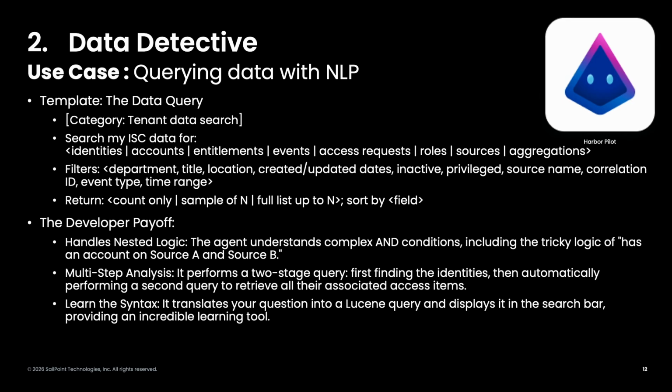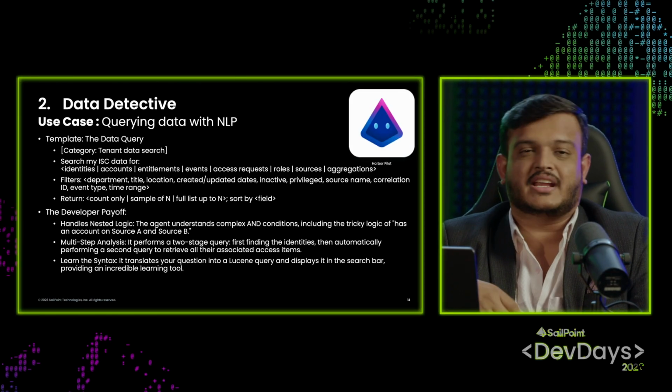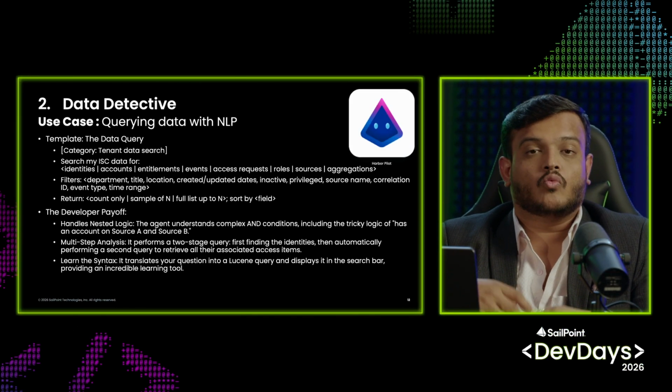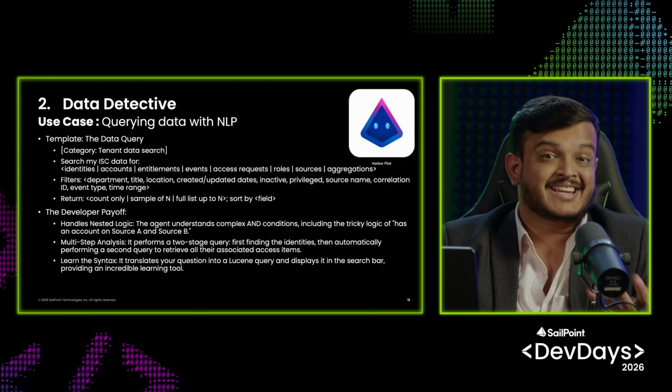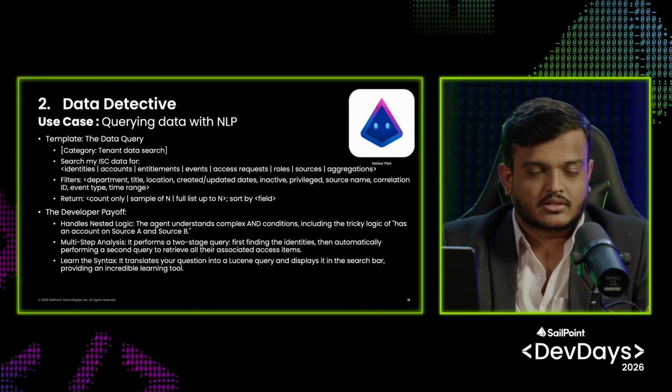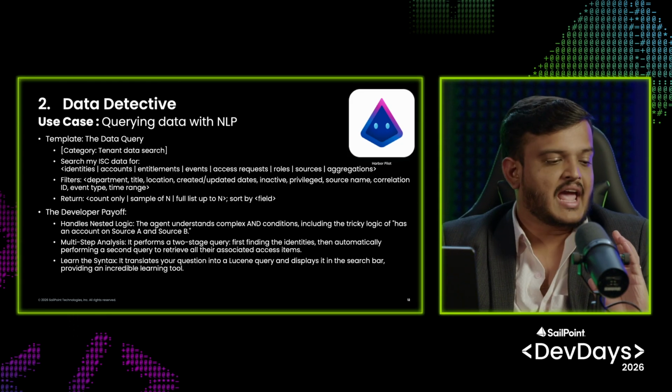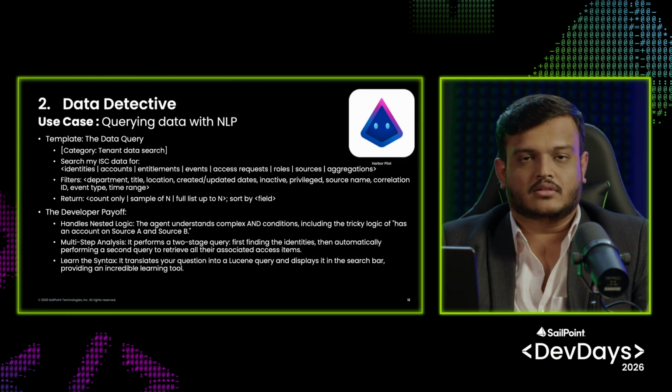Maybe I want them clubbed in accordance with some accounts data, or identity attributes into accounts data, or your identities into your access profiles data, maybe source data, whatever you need. Based on those searchable fields which are available, those indices, you can define those complexities, bring it out, and define what the expected return is.